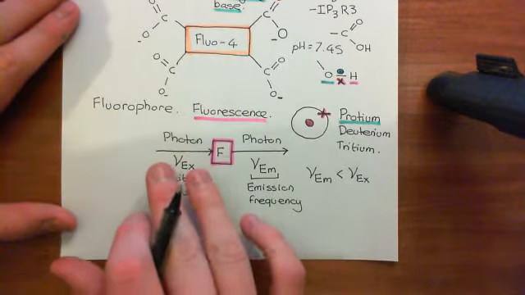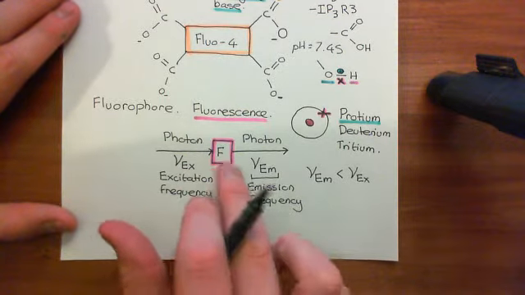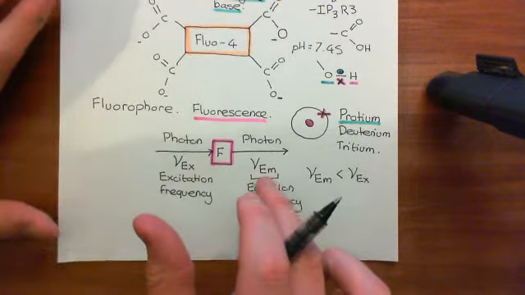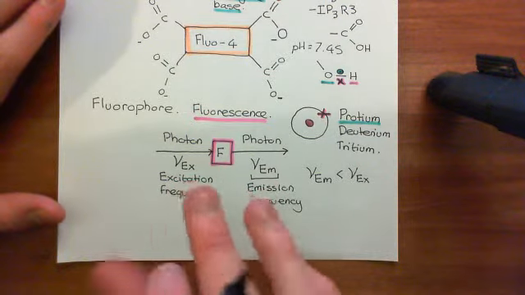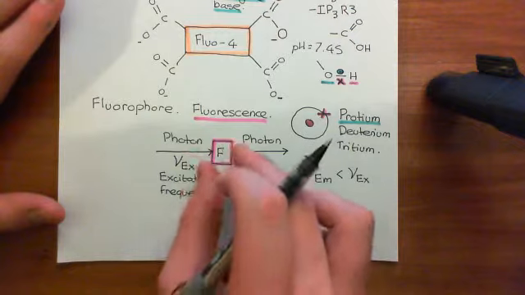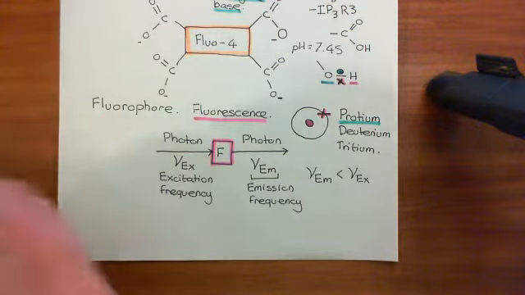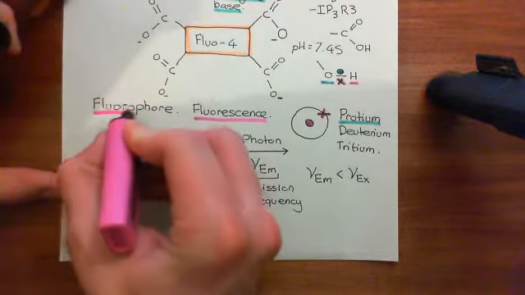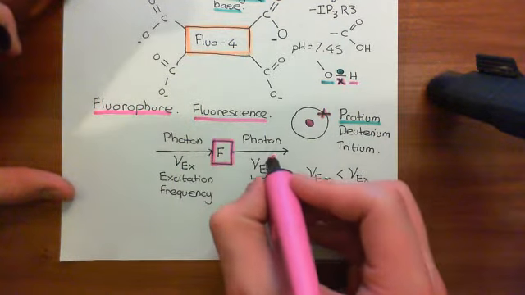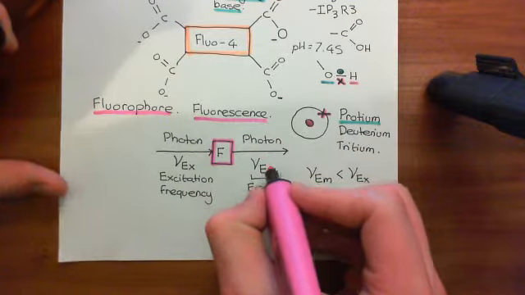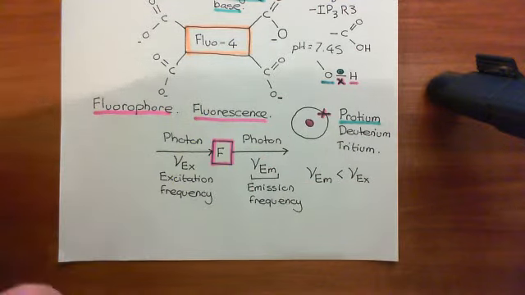You can't put in a photon of low energy and get out a photon of higher energy. So this is what is meant by fluorescence. It involves molecules known as fluorophores, which are capable of absorbing photons of one frequency and then emitting the energy as a photon of a lower frequency, which therefore has lower energy.